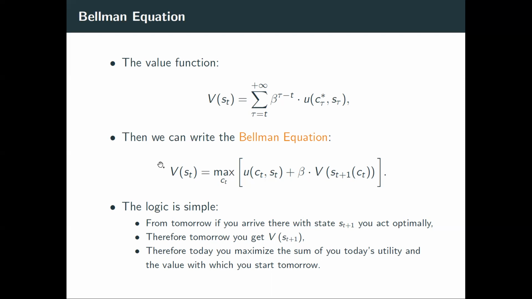Okay, we managed to get a finite equation here, but what is tough is that you have a max sign here, right? So it's not like an equation, you need to have maximizers here.